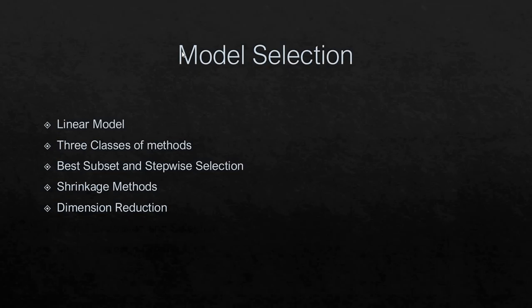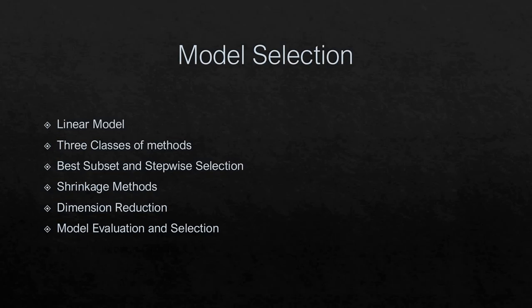Then moving right along to model evaluation and selection. The goal that was emphasized in model selection is to choose a model with the lowest test error, not just the one with the lowest training error.